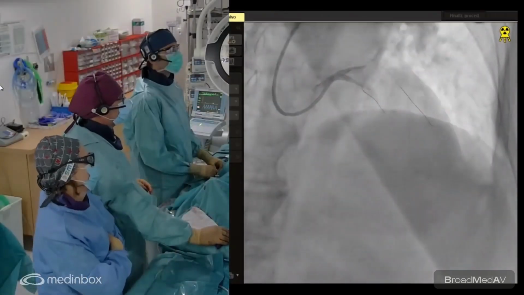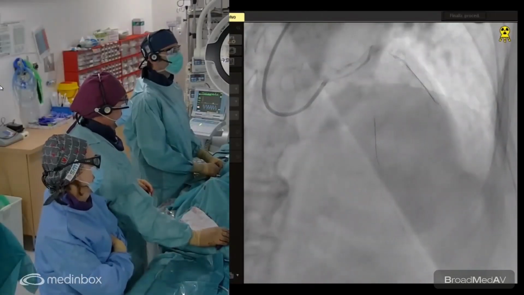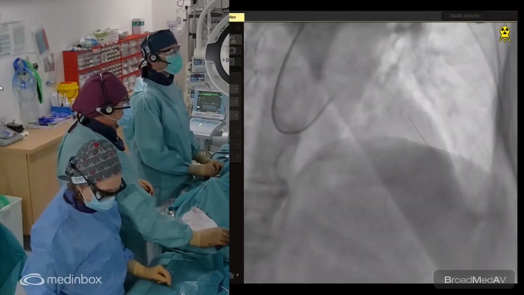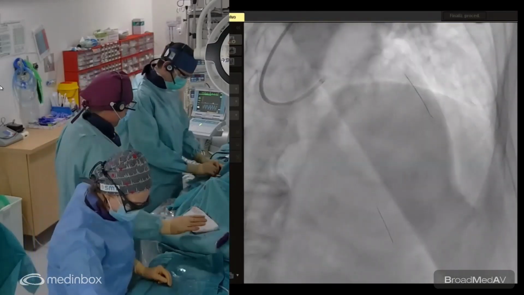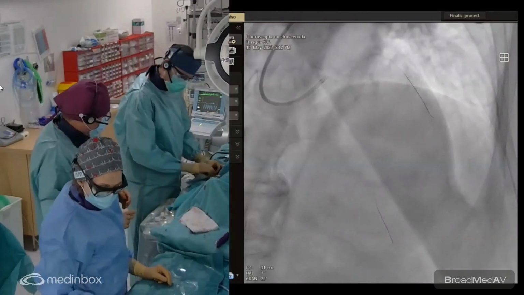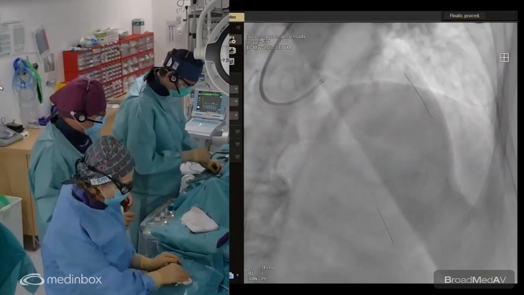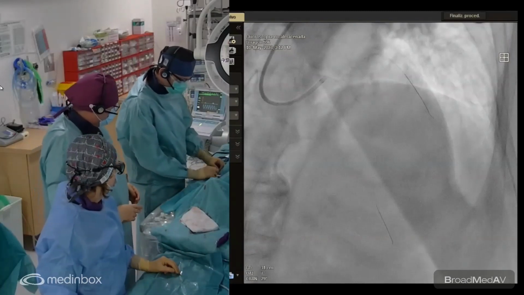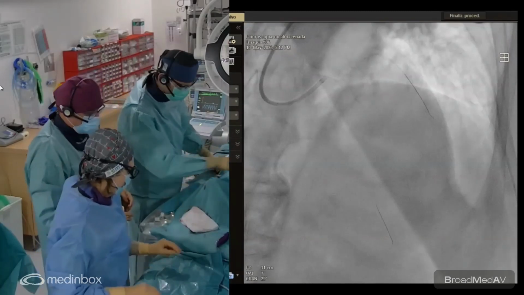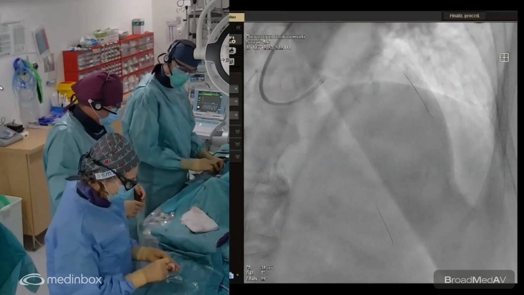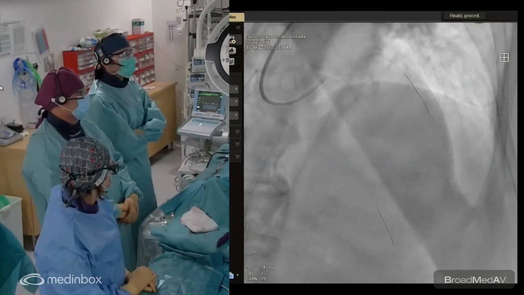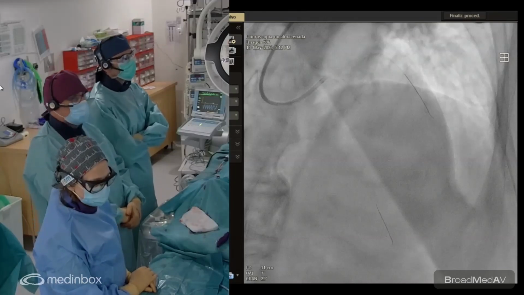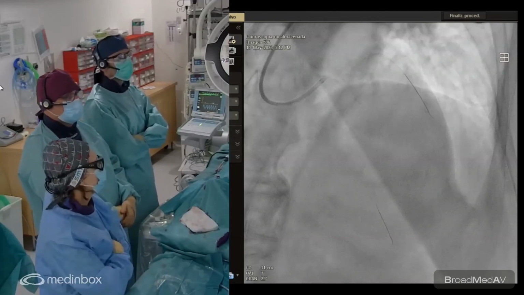So we are trying to perform the multivessel revascularization, starting from the left tree, and only if we are able to complete it with less than 40 or 50 cc of contrast, we will continue with the right coronary artery. The more tricky lesion, in my opinion, is the left anterior descending. You have seen the angios before.